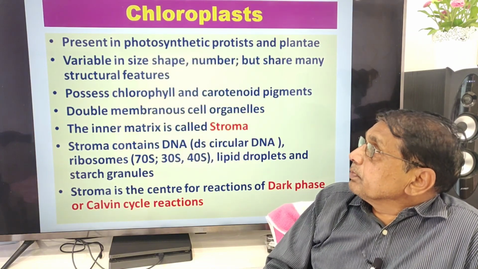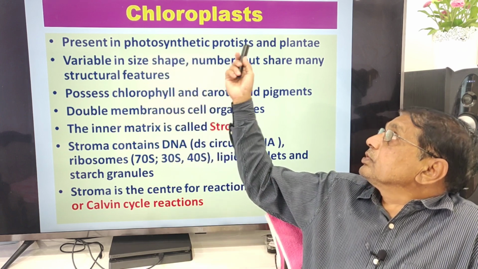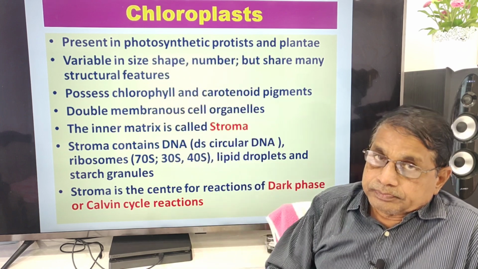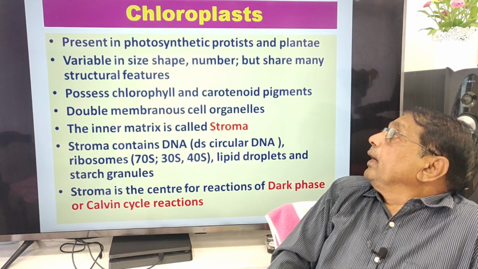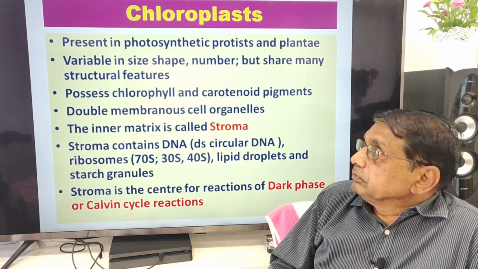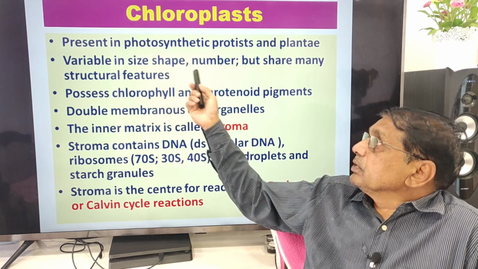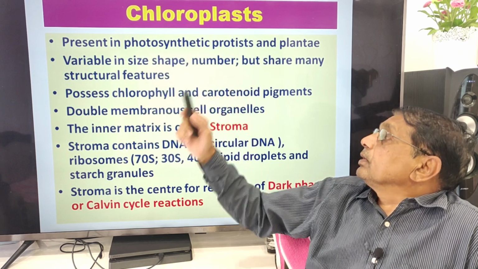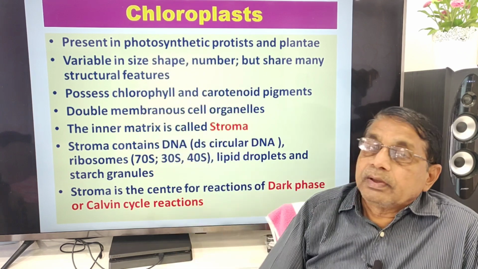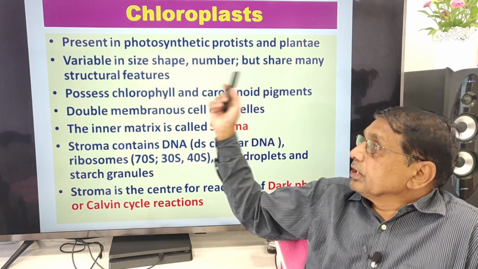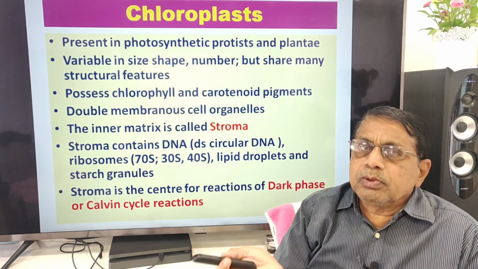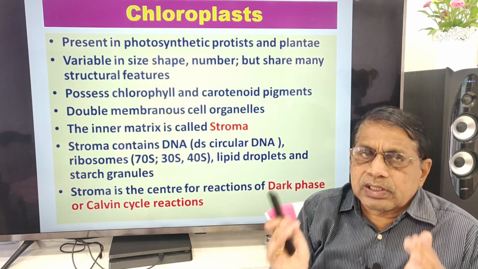Chloroplasts are present in photosynthetic protists and plants. Chloroplasts are variable in size, shape, and number, but they share structural features: double membranous structures, and the same inner thylakoid structure.